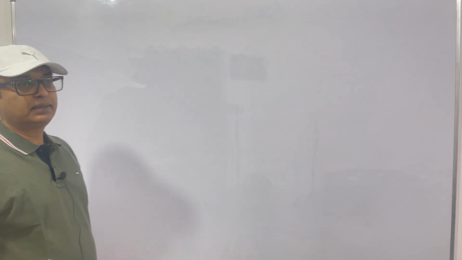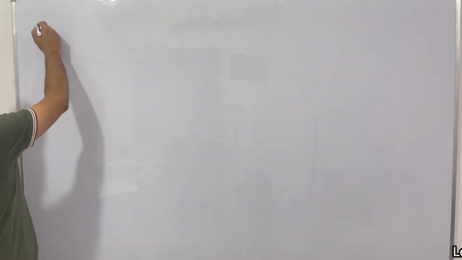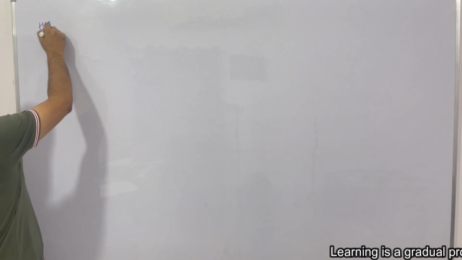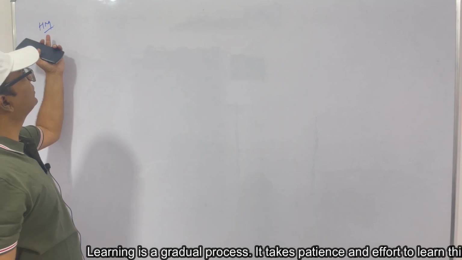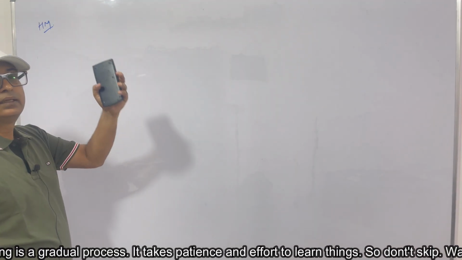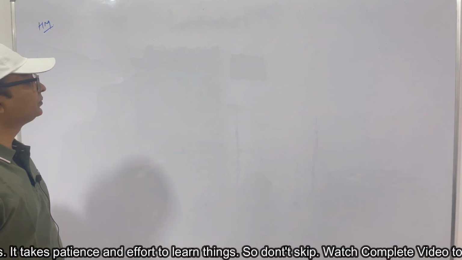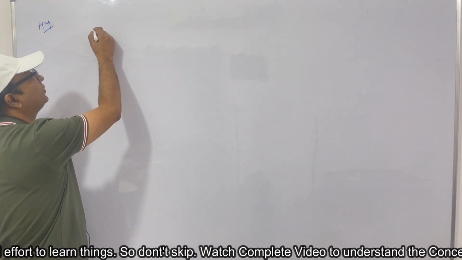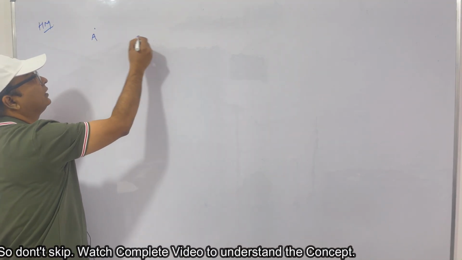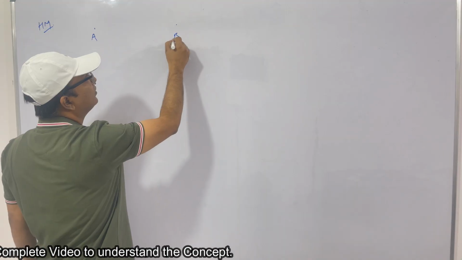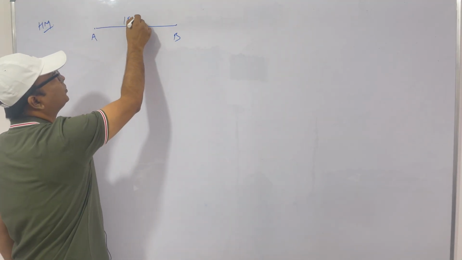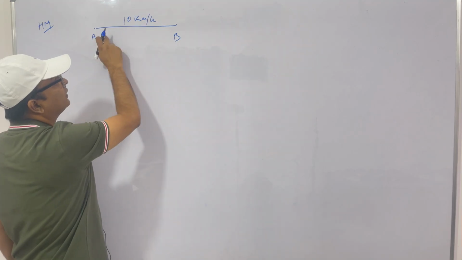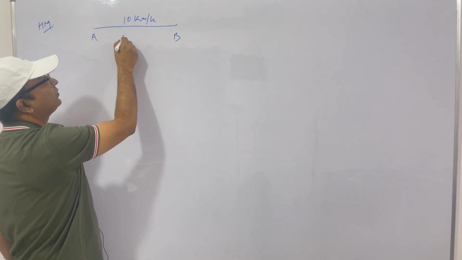Now we will see an example on harmonic mean. The most useful application of this is in calculating the average speed. Let's say a person goes from this point A to B at a speed of 10 kilometers per hour, and this distance is, let's say, 5 kilometers.